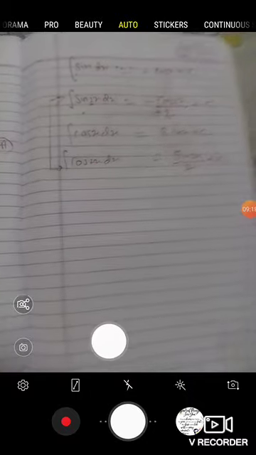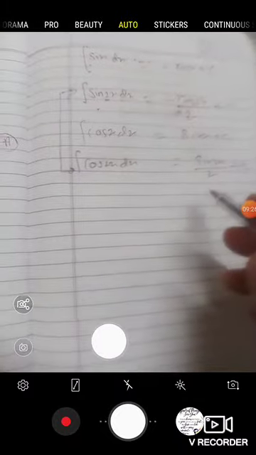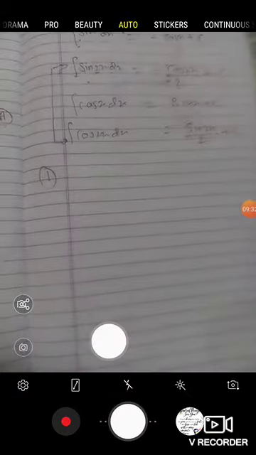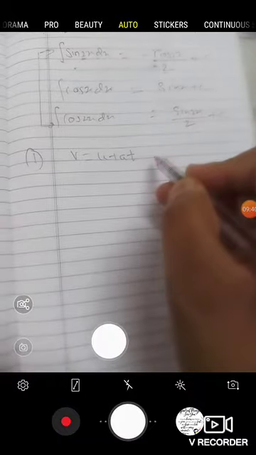Now why am I telling this to you guys? I will now use differentiation and integration to calculate something. First, suppose I want to derive v is equal to u plus at, which is the first equation of motion.